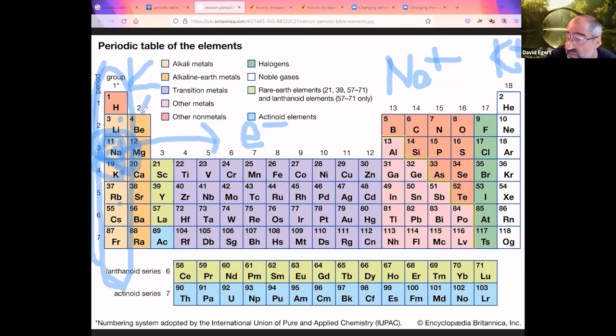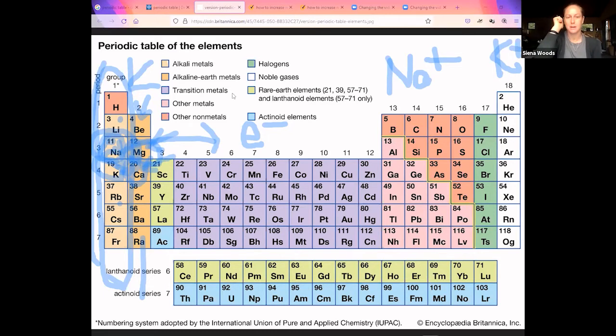These things in the second column, in particular the ones we're going to see are magnesium and calcium, have two electrons in their valence shell, which means when these are in water, they're going to ionize and lose 2 electrons. So what's going to happen there?